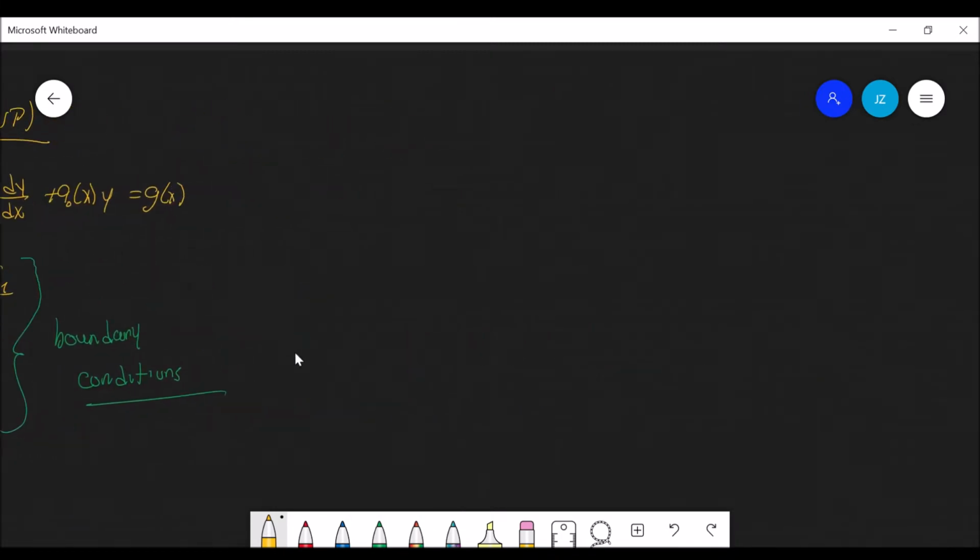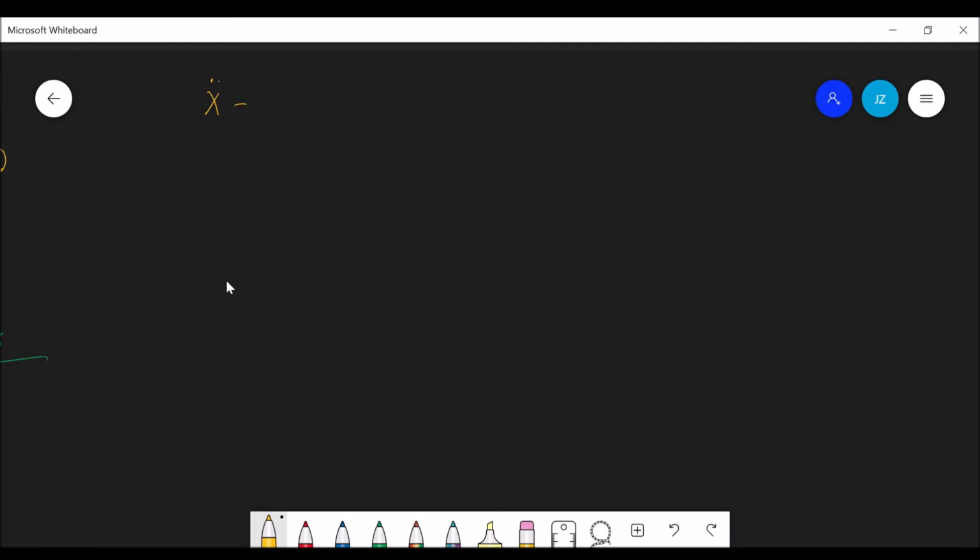Let's look at the differential equation x double dot plus 16x is equal to 0.